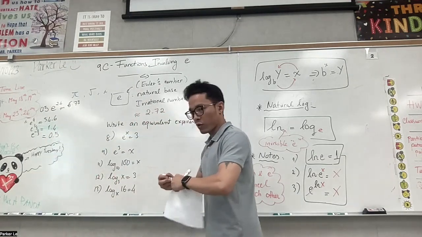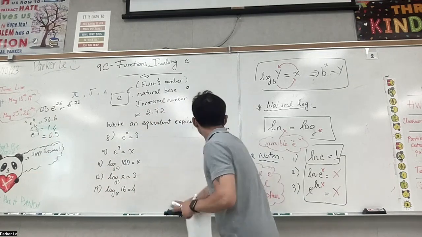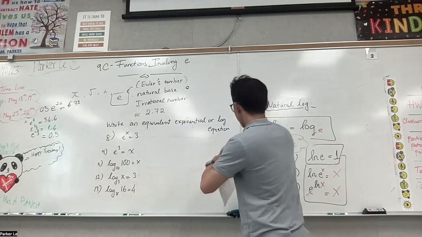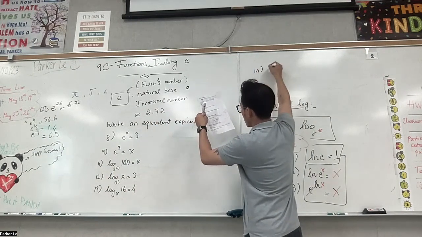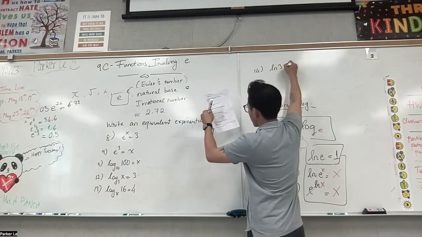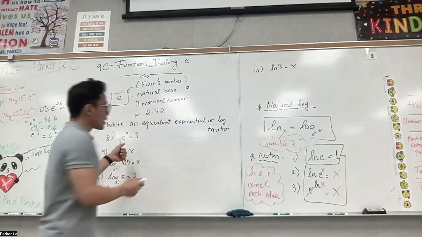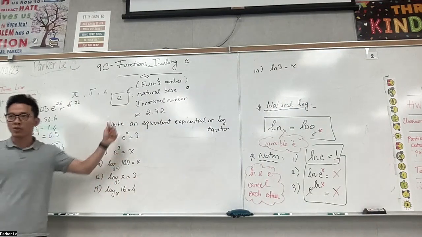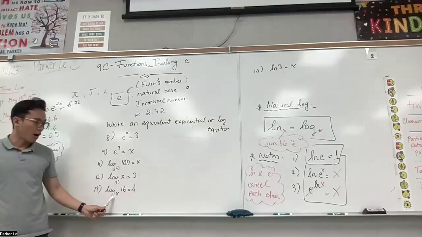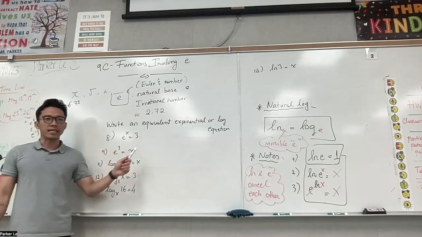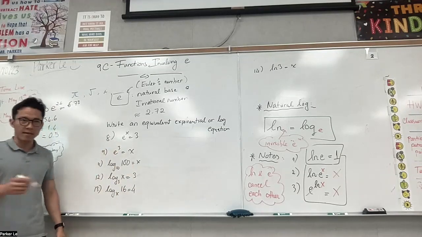Okay, let's do this. So you're going to convert. If I give you exponential, you're going to convert to log. If I give you the log, you're going to convert to exponential. Okay, e to the x equals 3. Can someone try it using the Snell method?